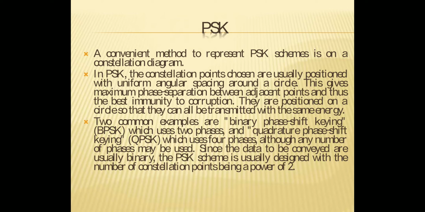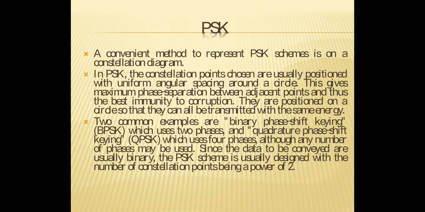This gives maximum phase separation between adjacent points and thus the best immunity to corruption, meaning data corruption. They are positioned on a circle so that they can all be transmitted with the same energy.